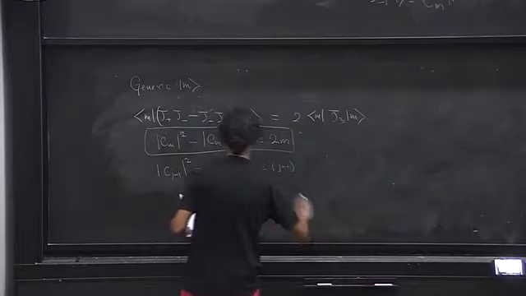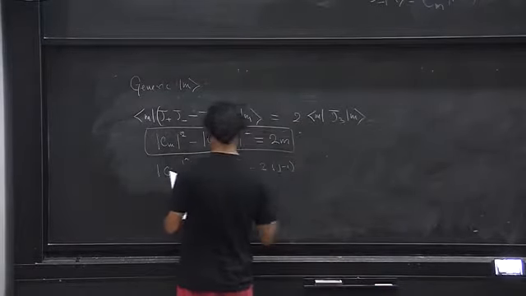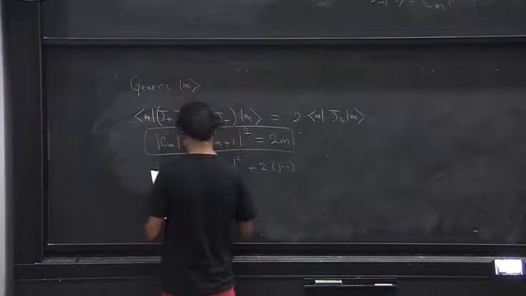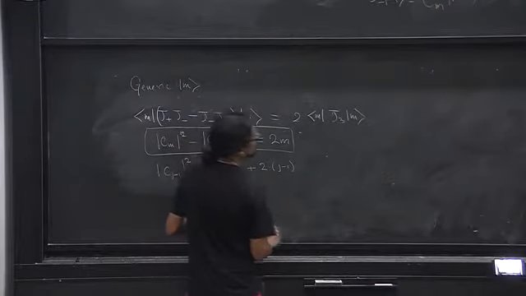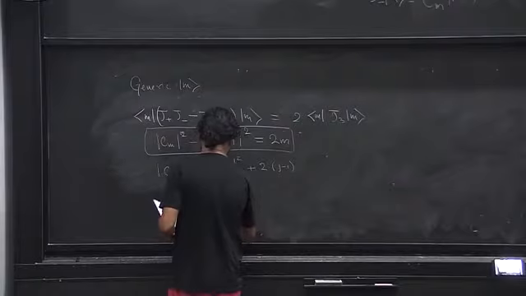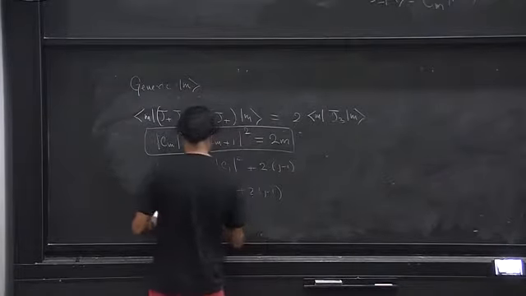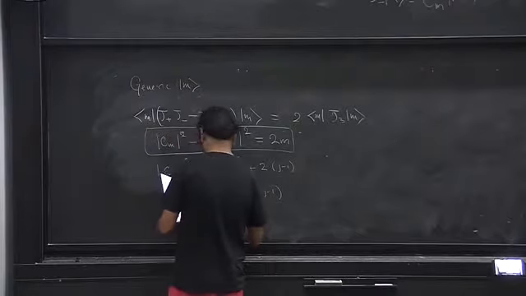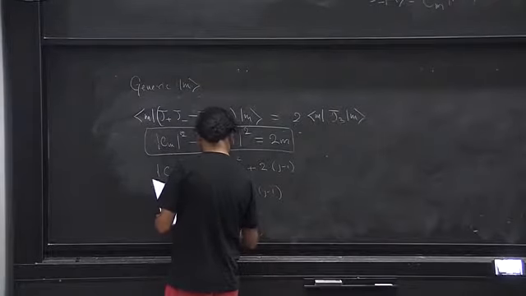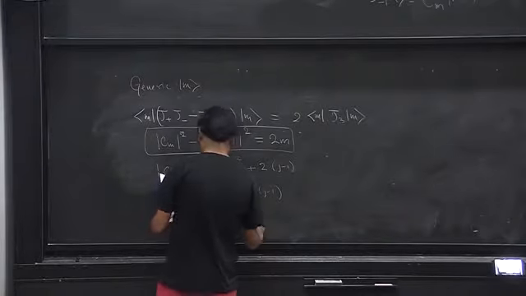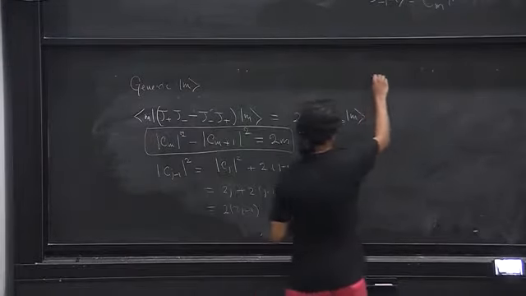Let me not skip steps here. This is 2j minus 1.